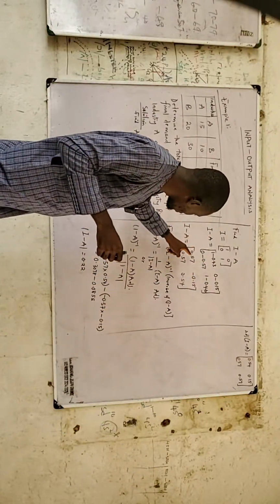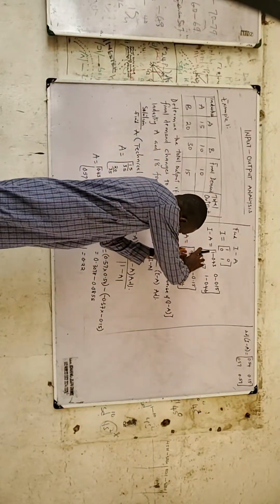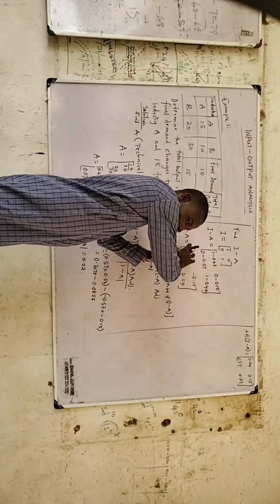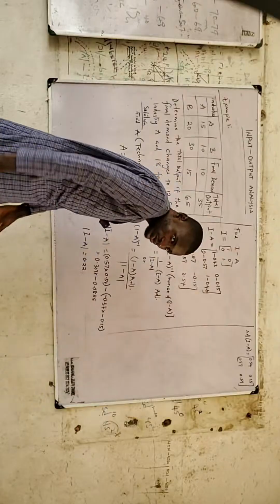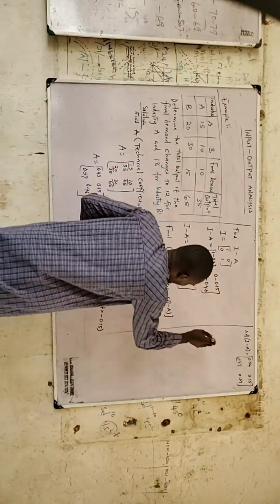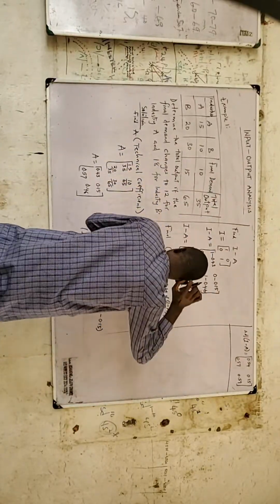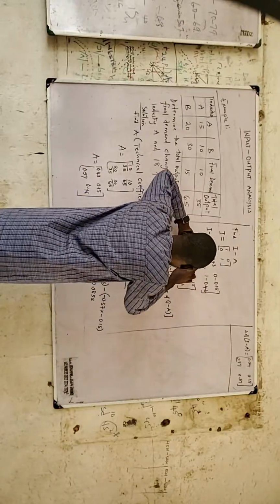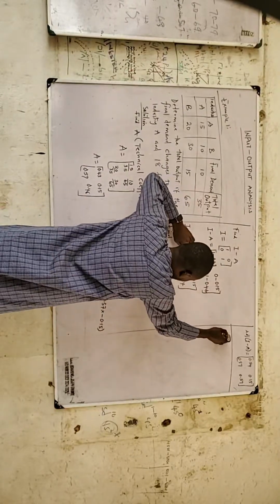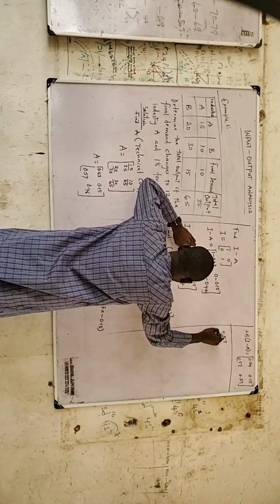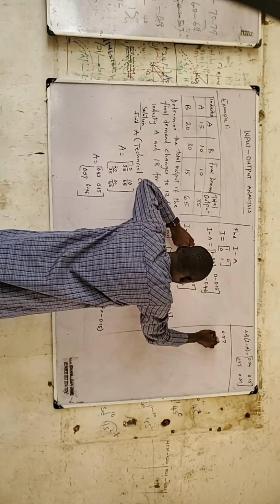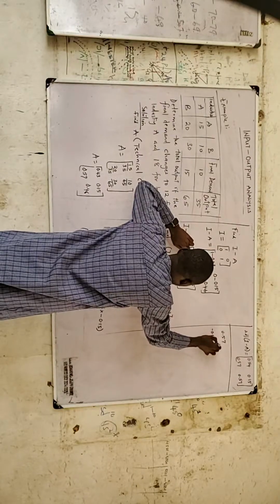Let's try it like this. If you take the transpose of this matrix, this is a row, this one is a row. Transpose means interchange the rows with columns. So now, if we interchange, row 1 becomes column 1. You have 0.57, and now you have minus 0.15.